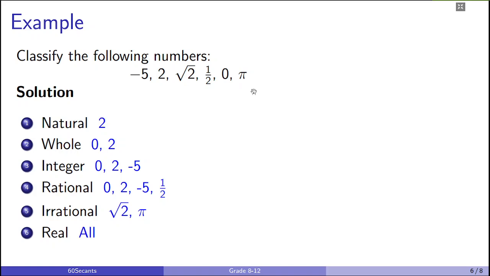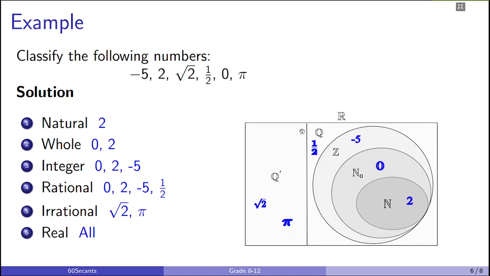Now, let's visualize this in our Venn diagram. Let's take these numbers and place them in our Venn diagram. So here it is. Now, remember, the bigger rectangle here represents the real numbers, and the irrational numbers are this Q prime notation here. So those are the square root of 2 and pi. Then when you look at the rational numbers, you'll notice that we have a 2 here, a 0, negative 5, and a half.